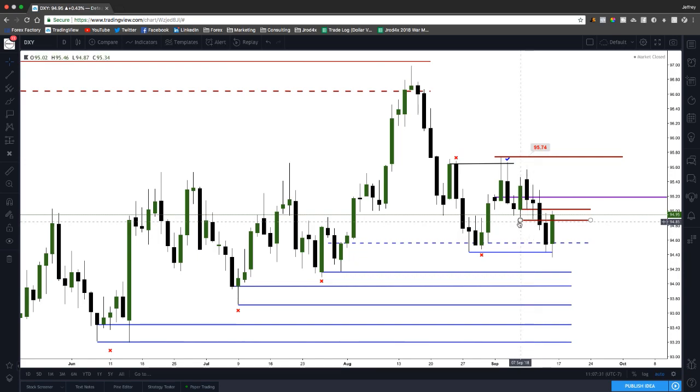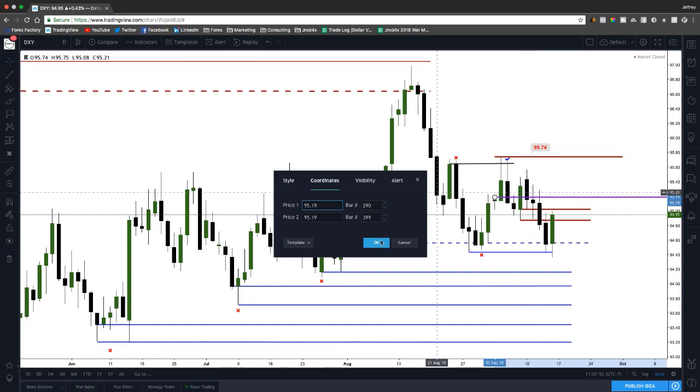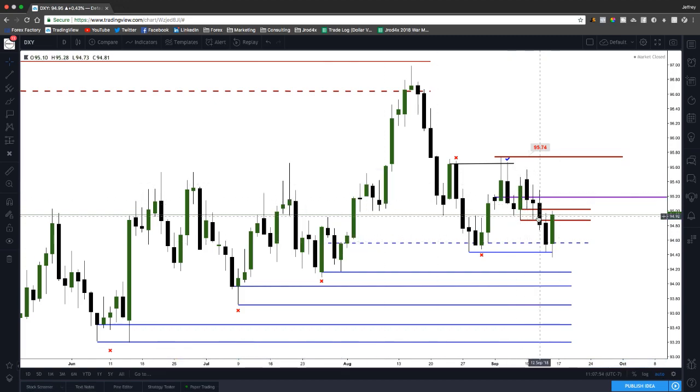Notice where we've pushed back up into and closed the week within the ICT daily bearish order block. So we've got the ICT bearish order block low, we've got the ICT bearish order block open, and then the 50% level actually comes in where this purple line is, which is 95.18. I'll just double check. Yeah, 95.19 actually on TradingView's platform.